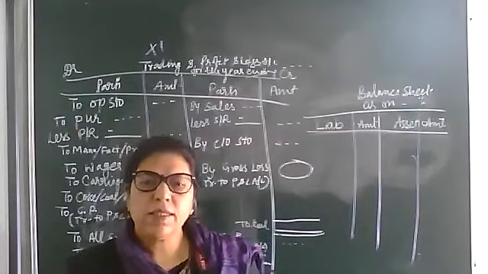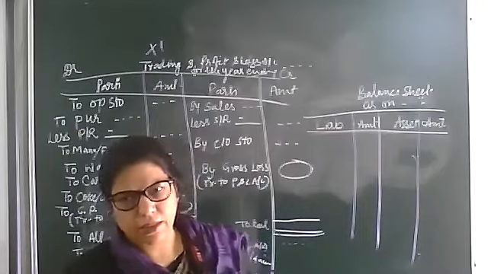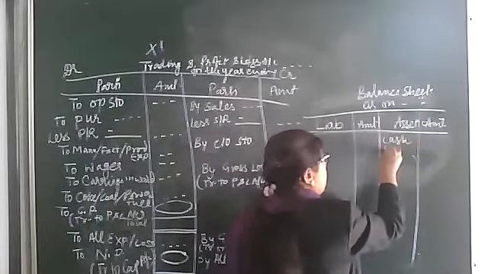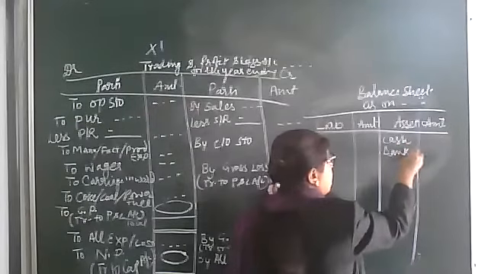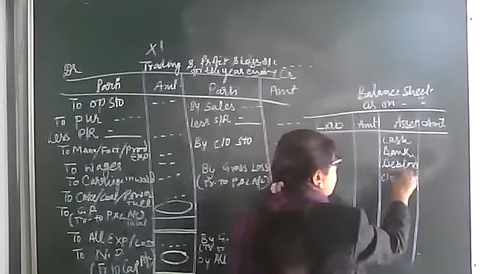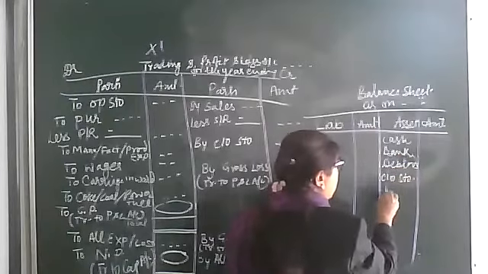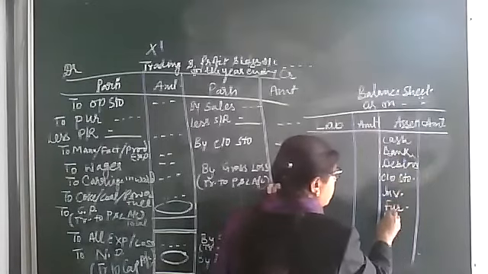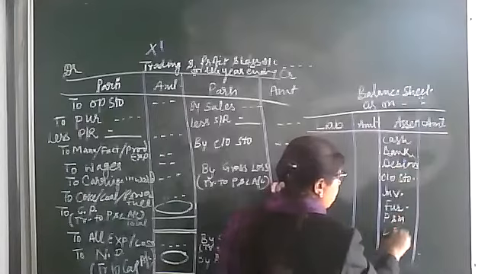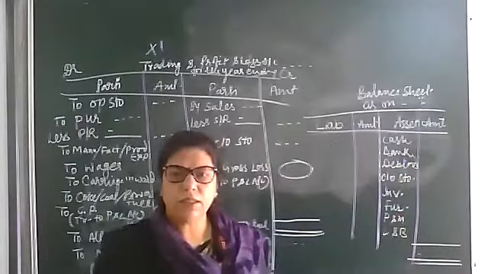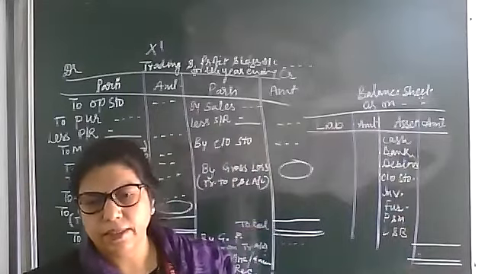This is known as marshalling of asset. Now see asset first: cash balance, bank balance, debtors, closing stock, investments, furniture and fixtures, plant and machinery, land and building. So all the assets to be entered on asset side.